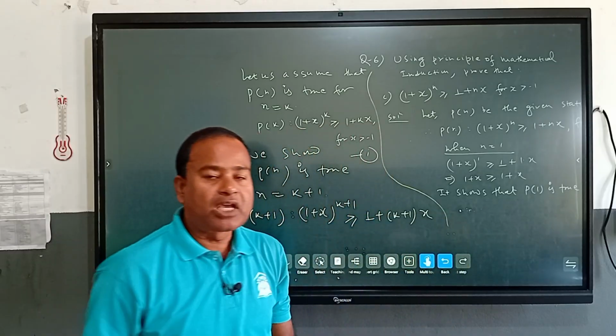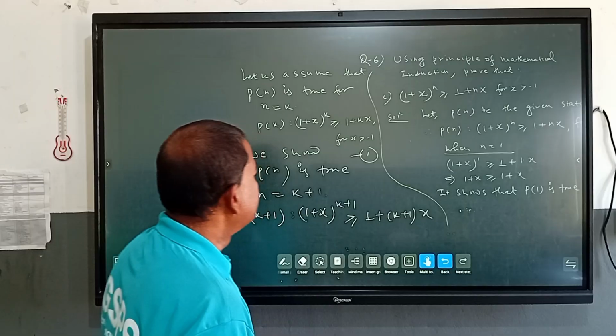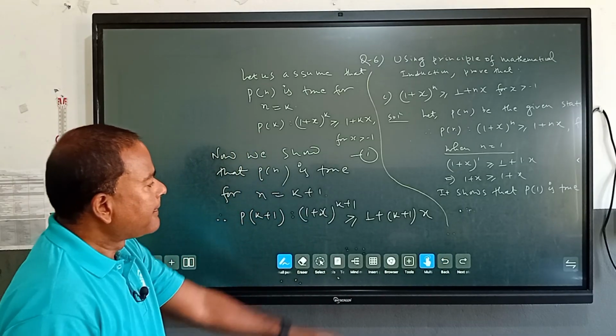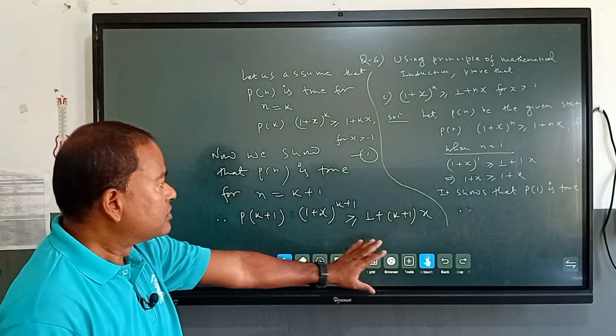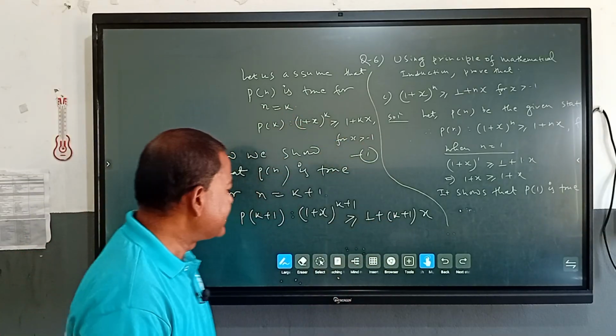So dear students, in our given statement, simply we have put the value of n as k plus 1. Now we are going to prove that this statement is true by assuming that the given statement is true for n equals k.